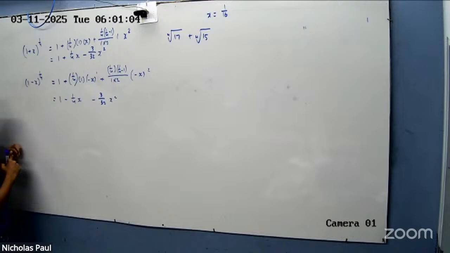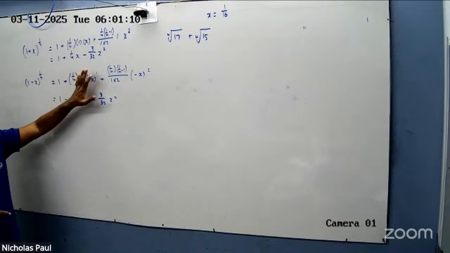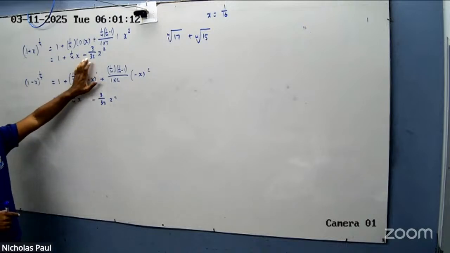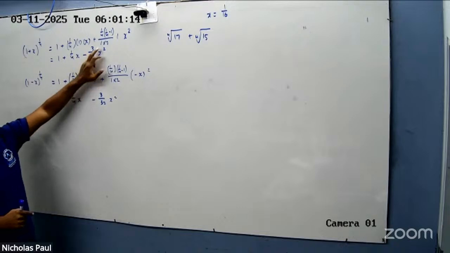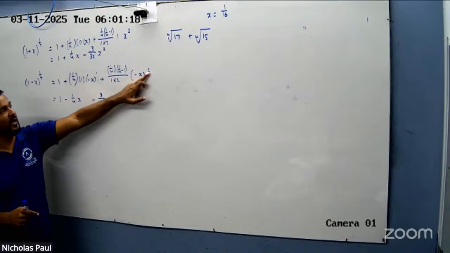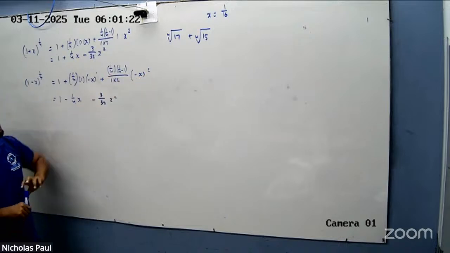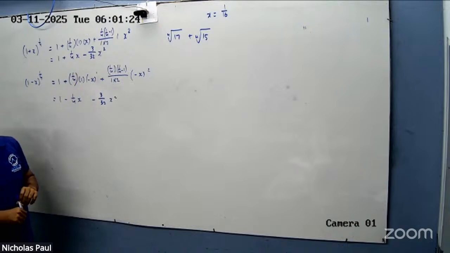Here, on top is minus. Here is minus because minus x squared is positive x squared. The bottom, we have been minus.